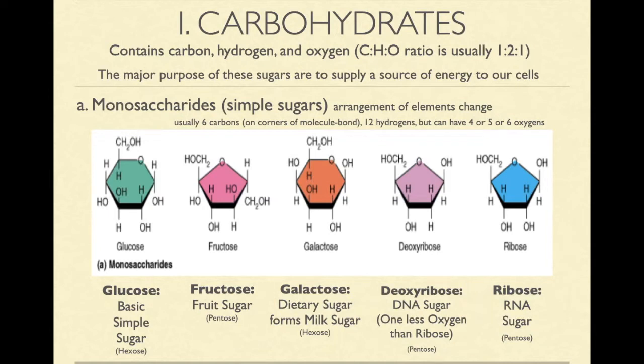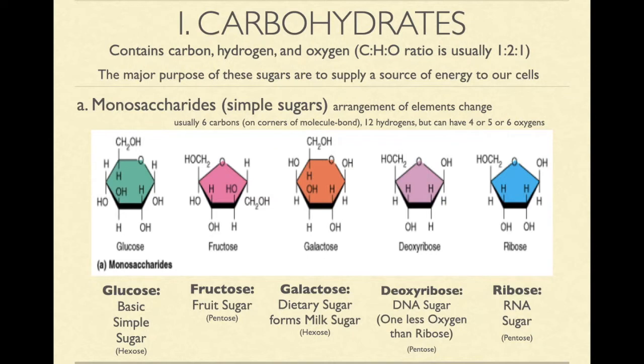So what we're going to have here is glucose, which is a basic simple sugar, hexose shape. Then we have fructose, which is a fruit sugar. Generally, you're getting it from fruits and vegetables. That's a pentose sugar. Then we have galactose. That's not a very common one, but galactose will bond to form a milk sugar, and we'll talk about that in just a little bit when we learn about disaccharides.